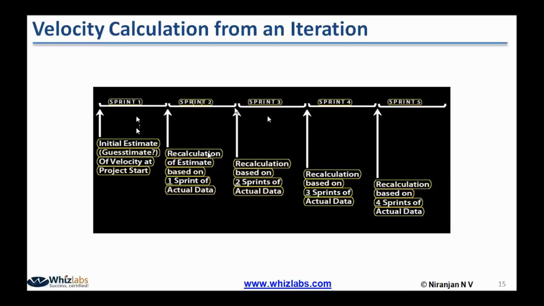So that will become the new velocity data for the third sprint. So like that, every time the sprint is finished, before we start the new sprint, we recalculate the velocity based on the past sprints' data. This is another way of determining the velocity when you don't have past sprints' data.